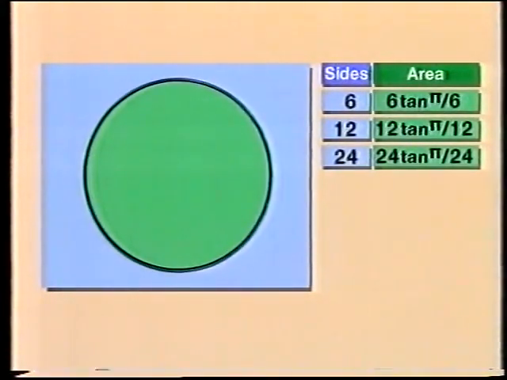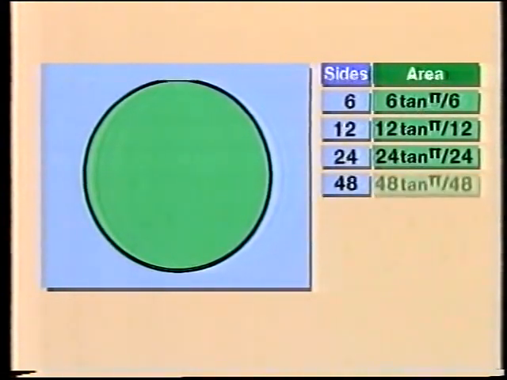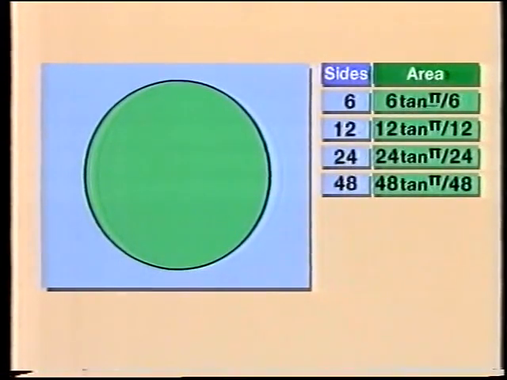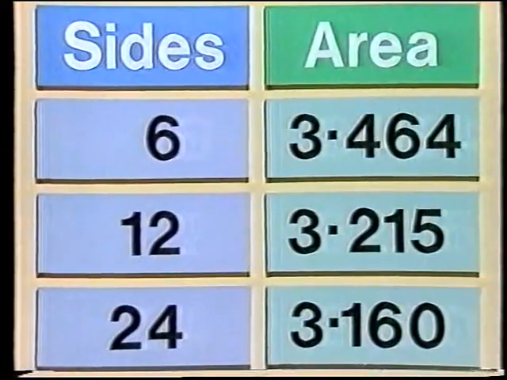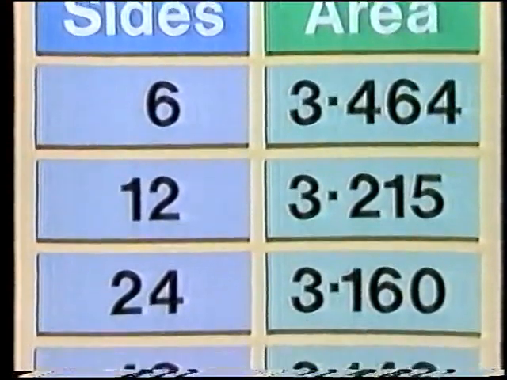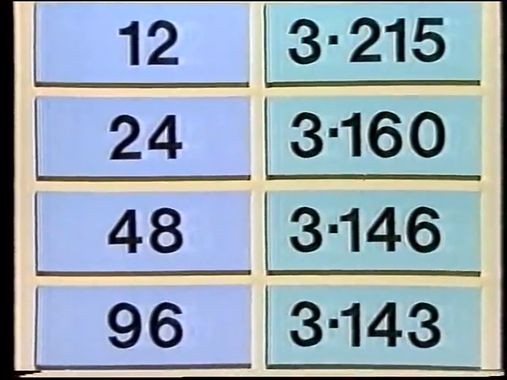For 48 sides, it's this. And for 96 sides, it's this, 96 tan pi by 96. And here's the resulting sequence calculated to 3 decimal places.